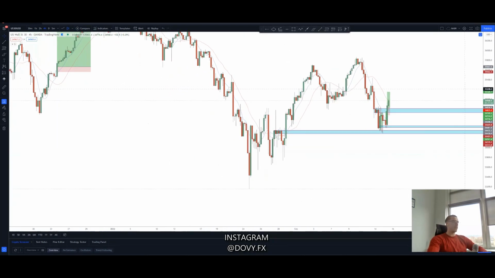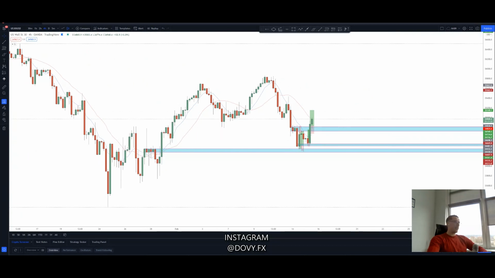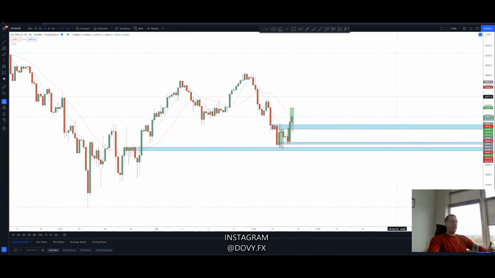On the 4-hour time frame, I zoomed in and started looking for price action and some zones. The first thing I saw, and it was just beautiful, was this 4-hour demand, which I marked up right here. This is what I used for my previous and current trades.